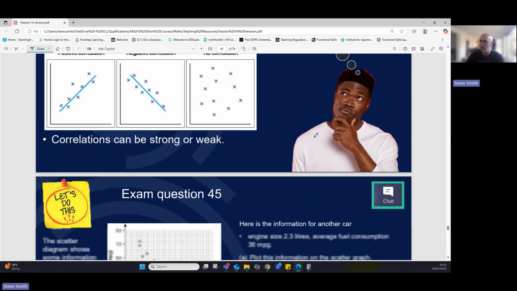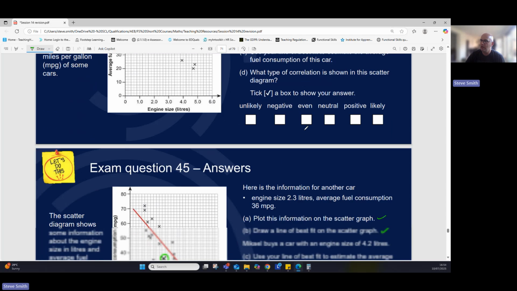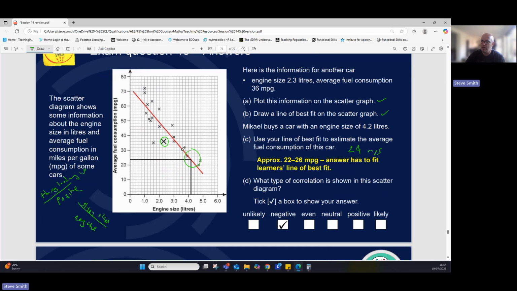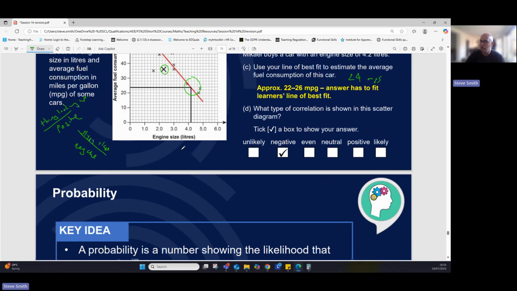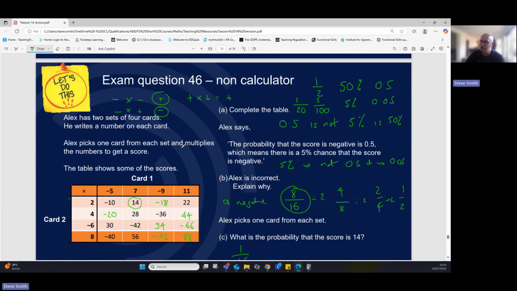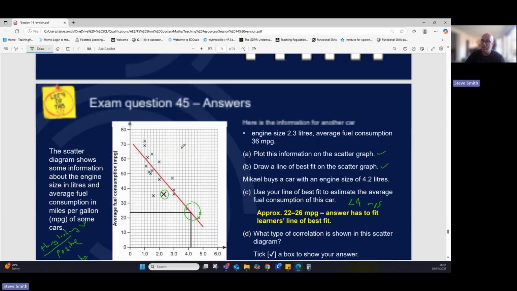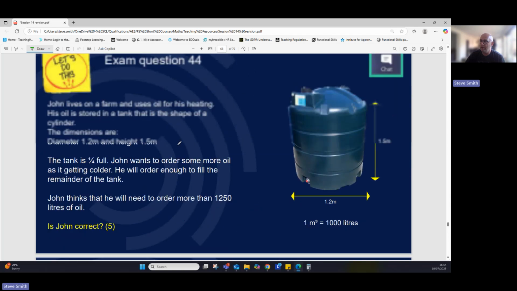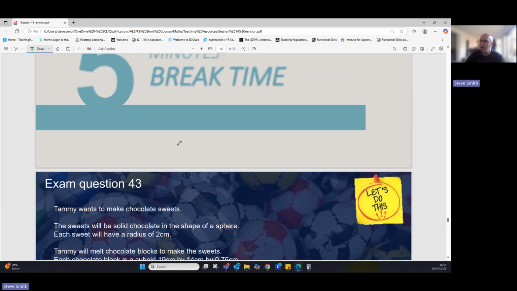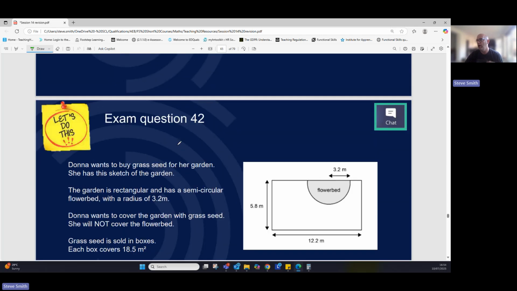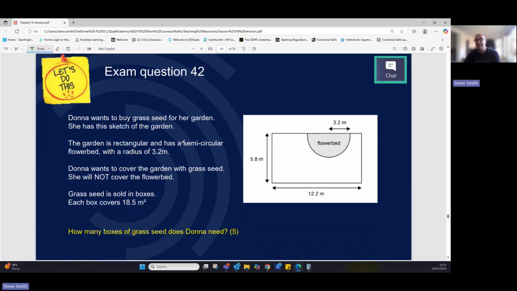And then we're up to where we started last night with the correlation of graphs, and we did the probability questions also. So tomorrow we'll be recapping on the cylinder questions. They are quite involved, quite difficult, and they're all worth a decent amount of marks on the exams.